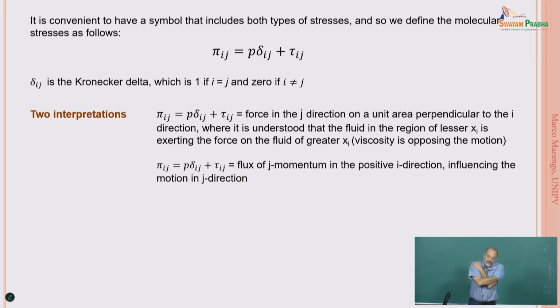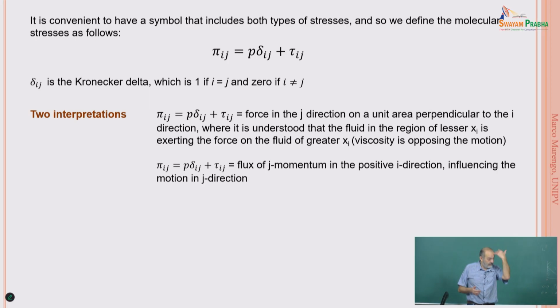And this can have two interpretations. One, pi ij is the force in the j direction on a unit area perpendicular to the i direction, where it's understood that the fluid in the region of lesser xi, so smaller xi, is exerting the force on the fluid at greater xi, because the viscosity, pay attention, is opposing the motion.